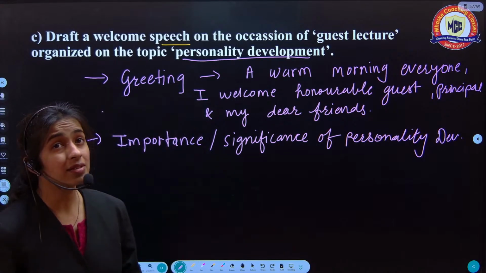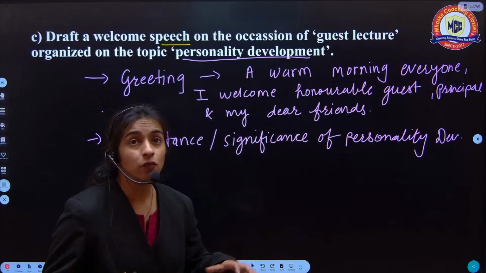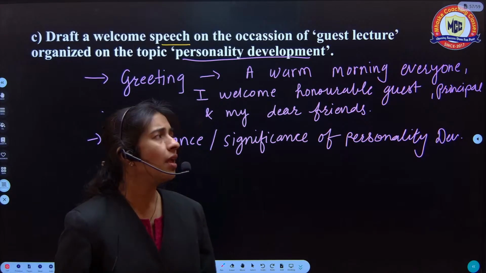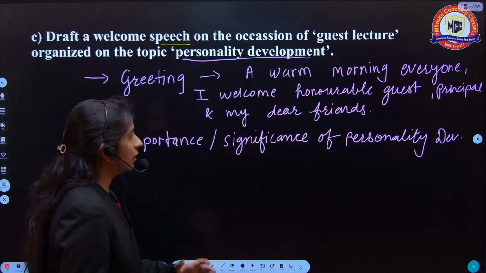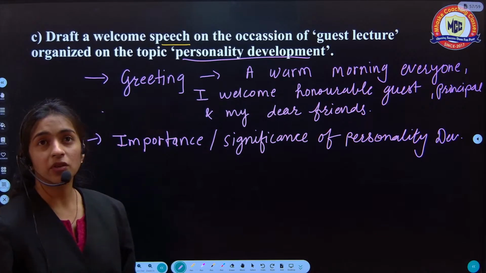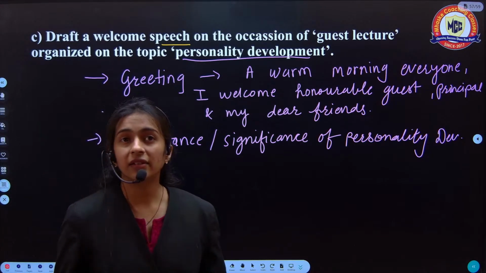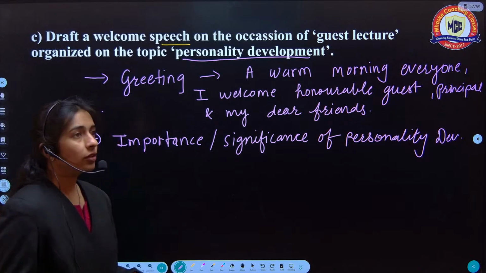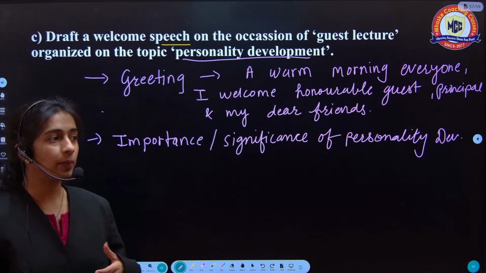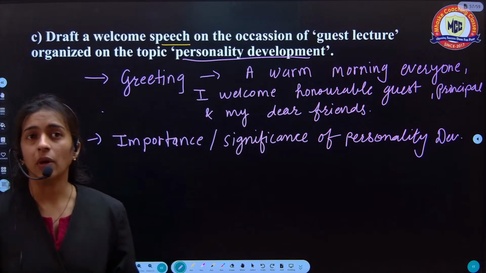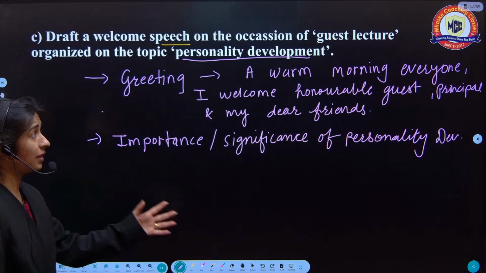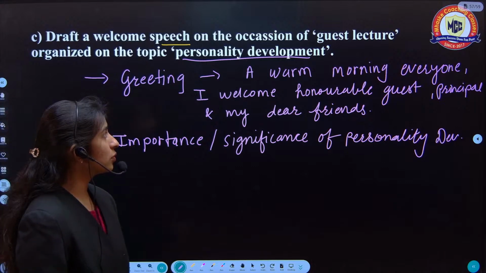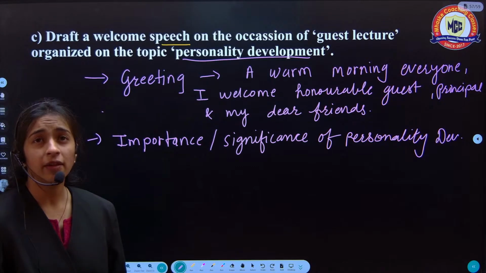That is the reason their personality won't develop, because they are not socialized enough. And here is the need of personality development, because if your personality is not that impressive, you're not able to work somewhere, you're not able to grab the attention of other people. And that is the reason personality development is really, really important. And just to learn this, we have our special guest today.